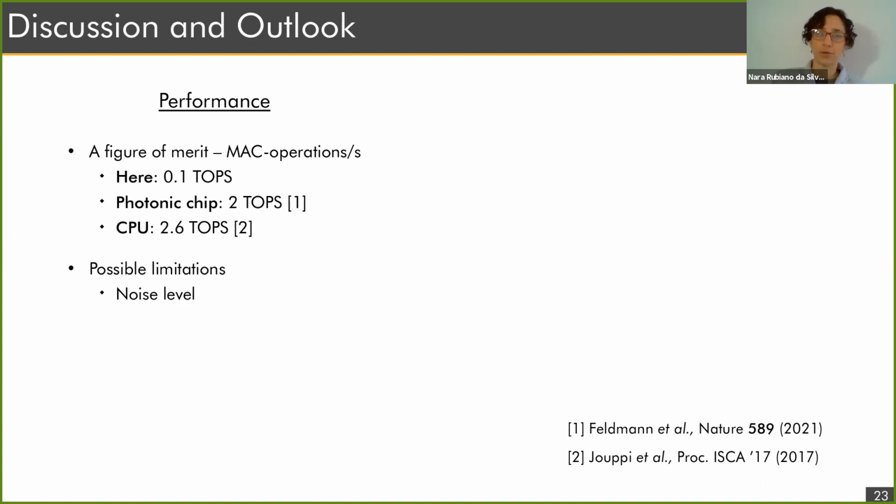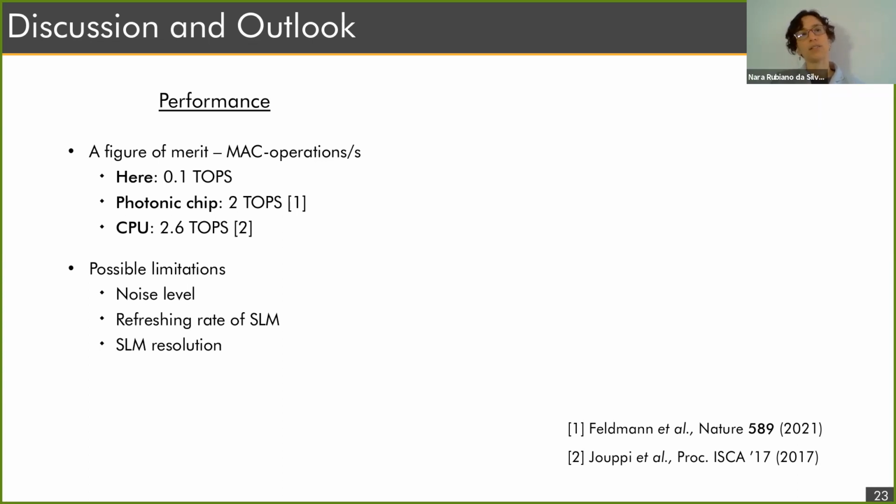Of course, we have also to take into account possible limitations of our scheme. One of them was already discussed by Paulo previously, that is the noise level of the light and the electronic signal and so on, that can introduce noise in this final detected image, and that can make it a little more difficult to recognize if there are feasible solutions or not.